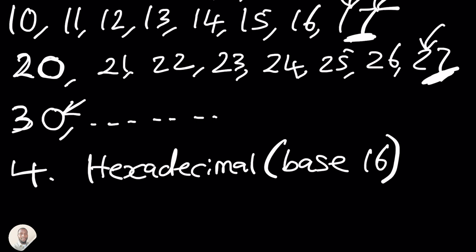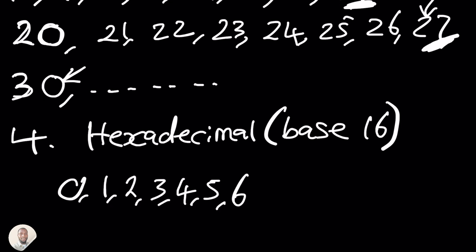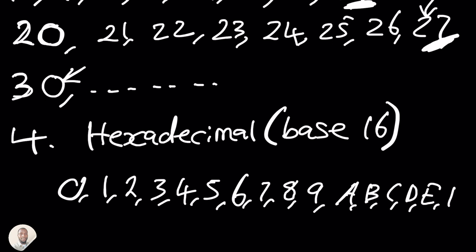Right? This type of number system is used in computing or is used in programming and web color. The digits in base 16 are 0, 1, 2, 3, 4, 5, 6, 7, 8, 9, then A, B, C, D, E, and F. Yes, so that's how we count in base 16.